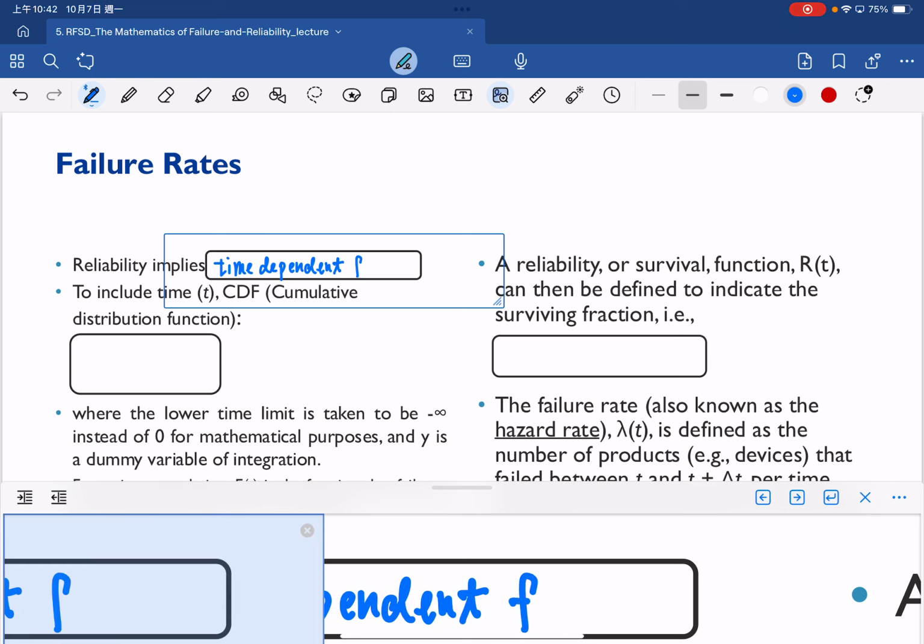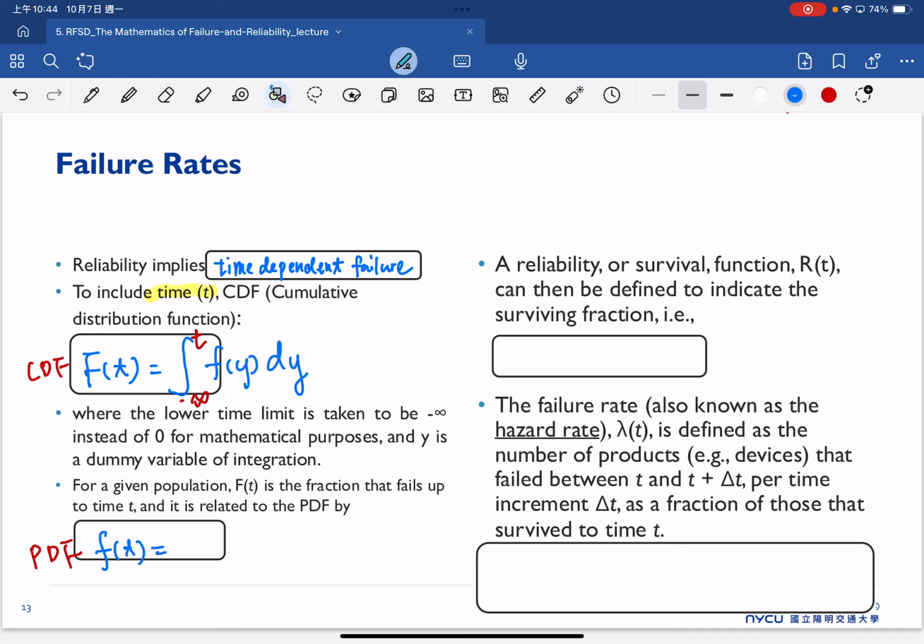So there's a certain correlation between the CDF and PDF, where f(t) is the derivative of capital F(t) over dt. So this is the probability density function. So basically we can also do the derivative again to calculate the f(t). This is the small f(t) for the PDF.